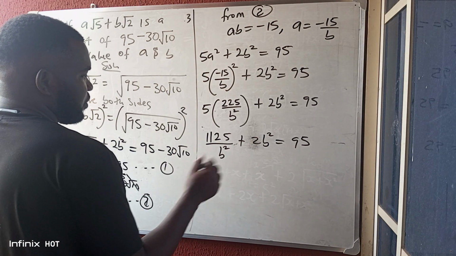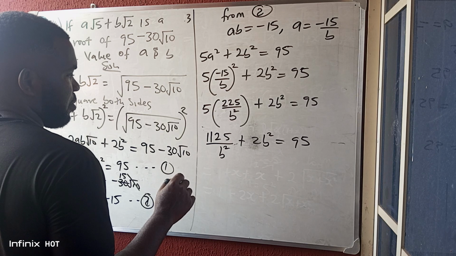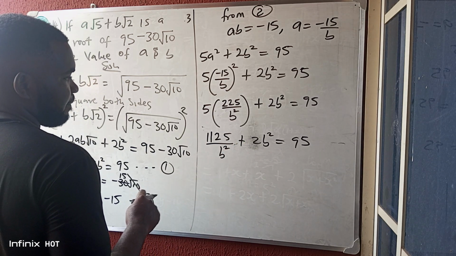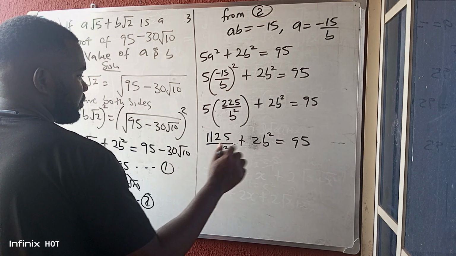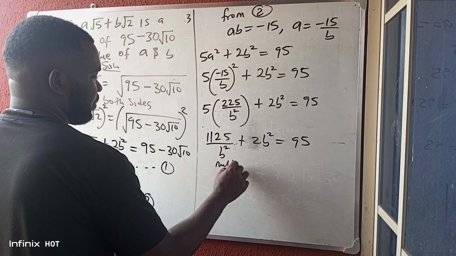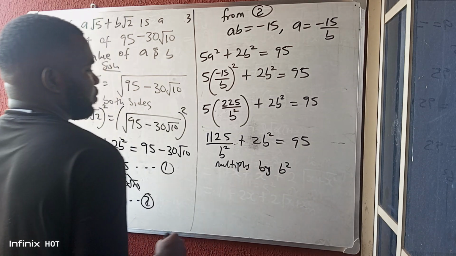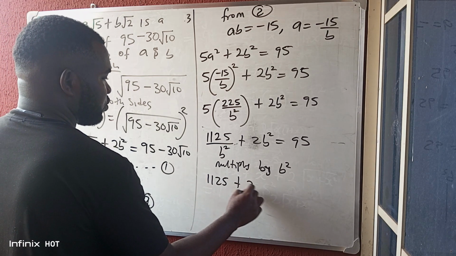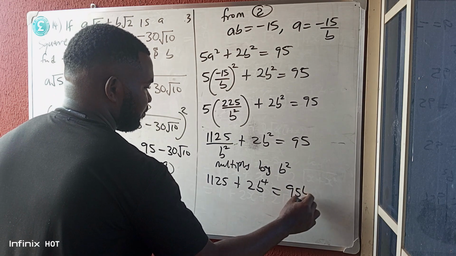If I multiply everybody by b squared, which will give me 1125 plus 2b raised to power 4 is equal to 95b squared.